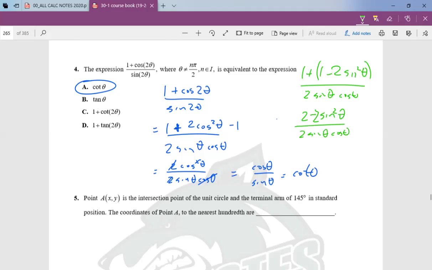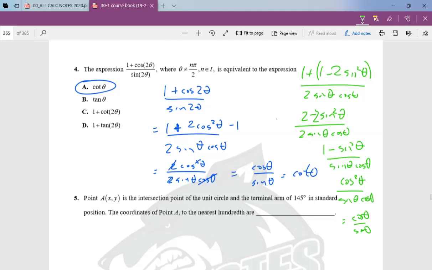If I common factor a 2 and divide it out top and bottom, I'm left with 1 minus sine squared theta upstairs over sine theta cos theta. And then just keeping in mind that by Pythagorean identity, 1 minus sine squared is just cos squared theta over sine theta cos theta. And so we still get to cos over sine.